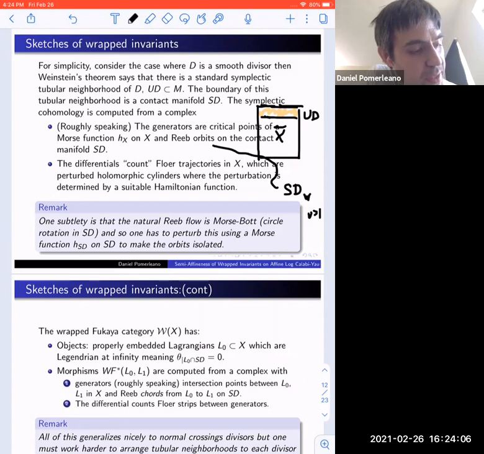Really we're not just thinking of these as Reeb orbits. There's a canonical Hamiltonian function whose periodic orbits will have these two types that I mentioned, and the differential will count Floer trajectories between these orbits. So this is Floer homology.